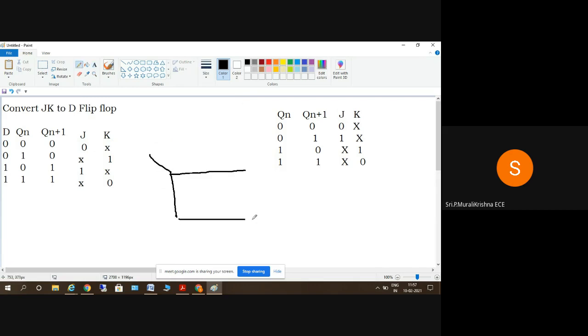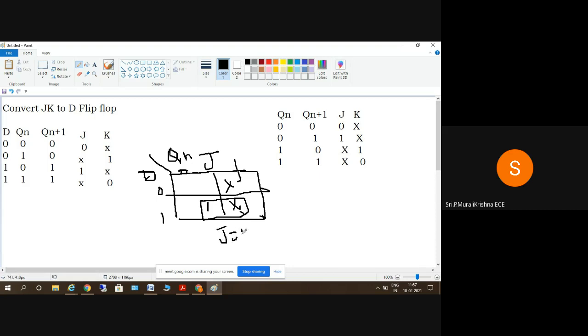So this is for D and Qn, and for J here. This is 0, 1. And for J it is 0, don't care; 1, don't care. So we'll get the value of J is equal to D. Yes or no? Yes, sir. What is the next value?